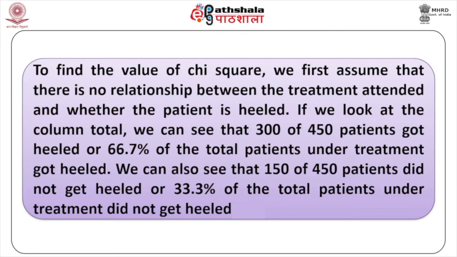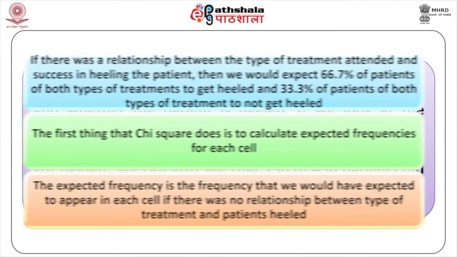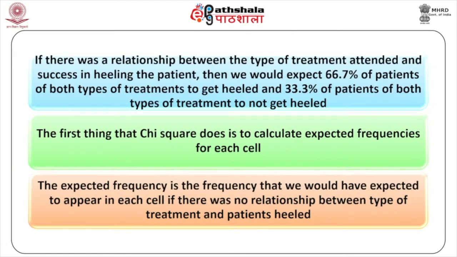We can also see that 150 of 450 patients did not get healed, or 33.3% of the total patients under treatment did not get healed. If there was no relationship between the type of treatment attended and the success in healing the patient, then we would expect 66.7% of patients of both types of treatments to get healed and 33.3% of patients of both types of treatment to not get healed.